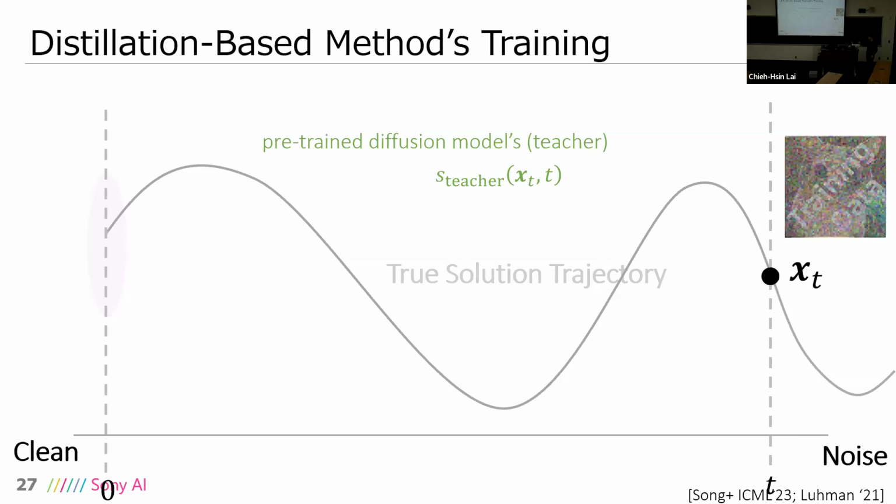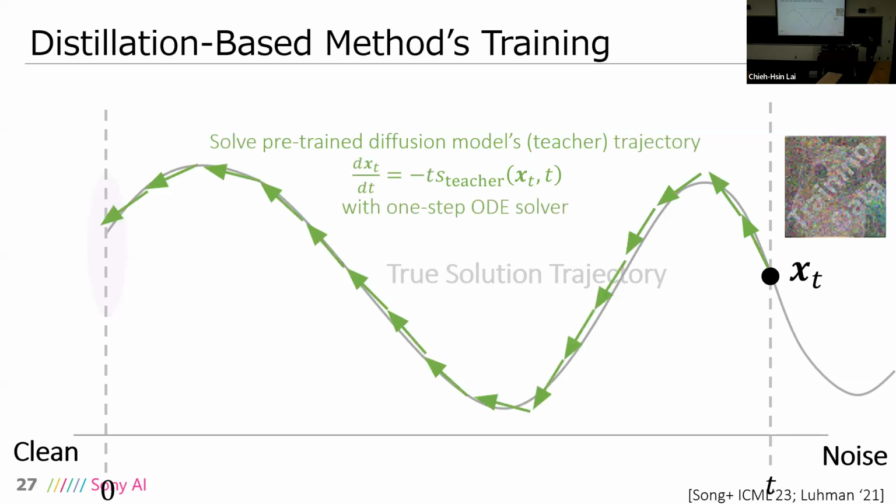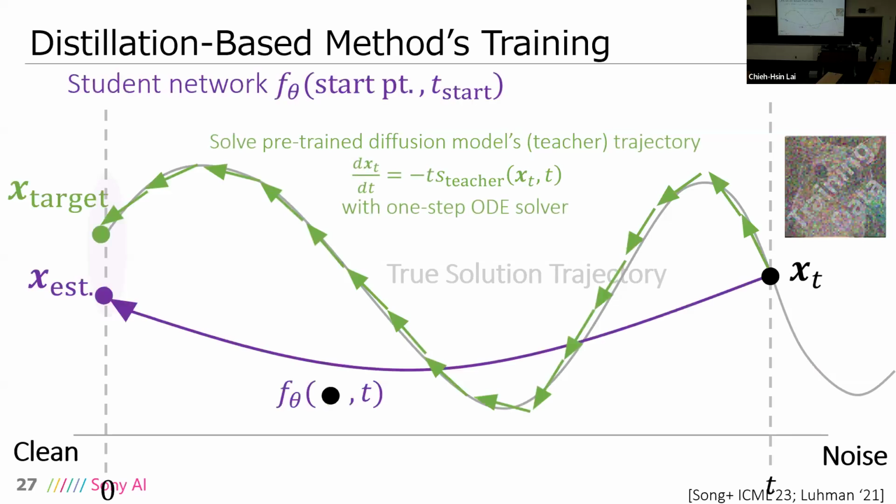So the idea of the distillation-based method is that we bring this solving in the sampling and inference step into the training. In other words, we directly use a neural network to learn this solver in one step.